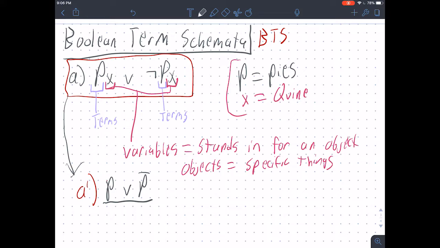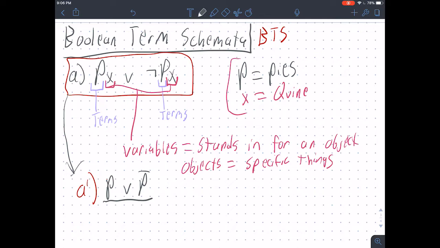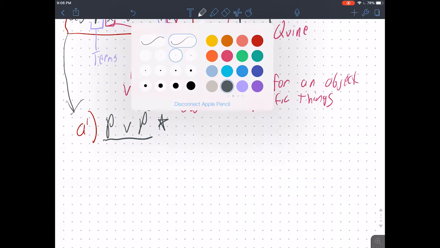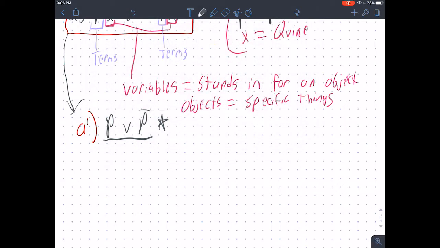And as you might suspect, given that this looks exactly like our good old-fashioned truth functional schemata, all of the same validity rules apply. So we can test these Boolean term schemata for validity, consistency, inconsistency using truth value analysis.